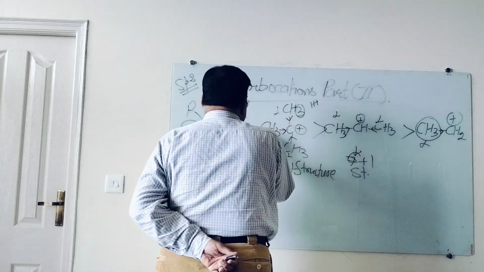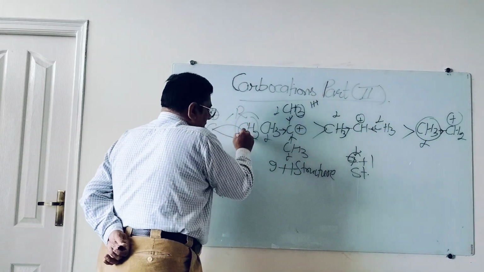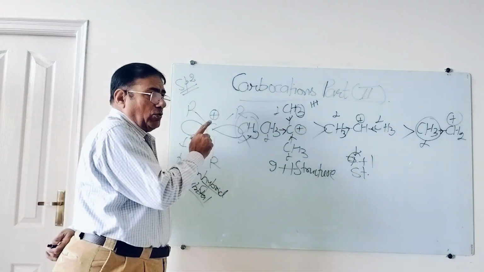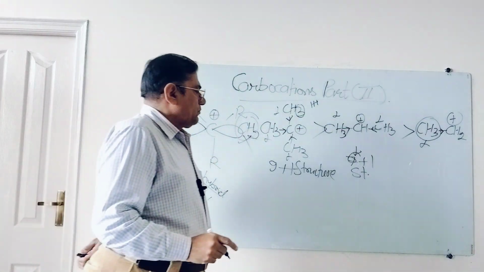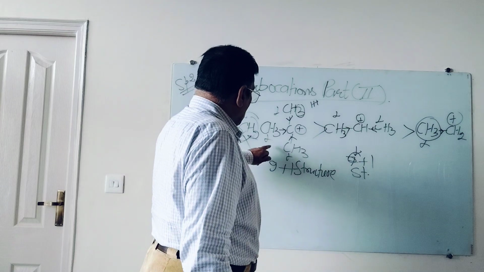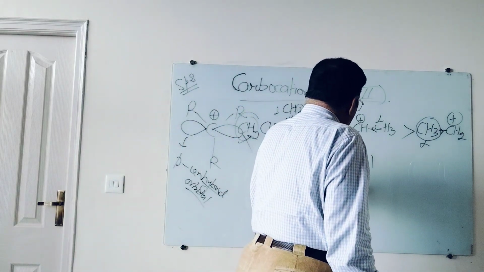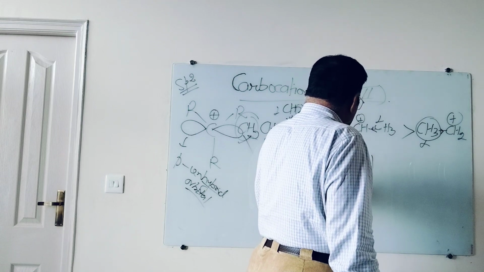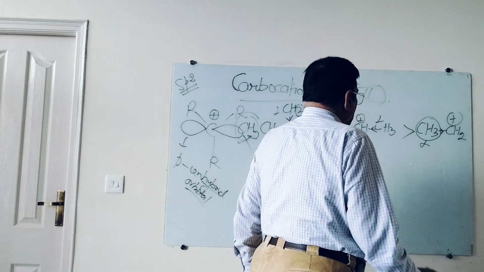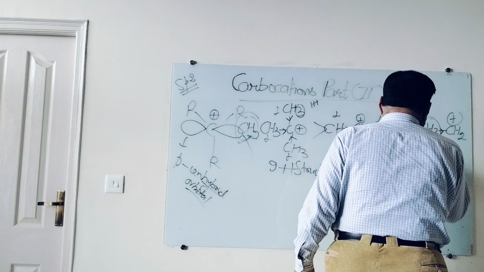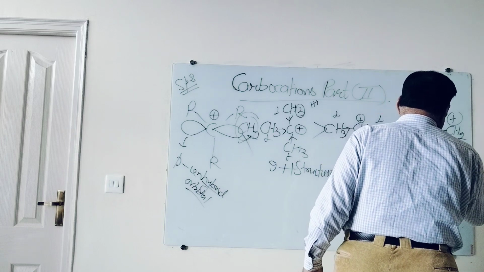Suppose I put methyl, they will never participate in the hyperconjugation. No beta, only alpha carbon. So I can say tertiary butyl has 9 plus 1 structures, isopropyl has 6 plus 1, 7 structures, and ethyl has 3 plus 1 structures.